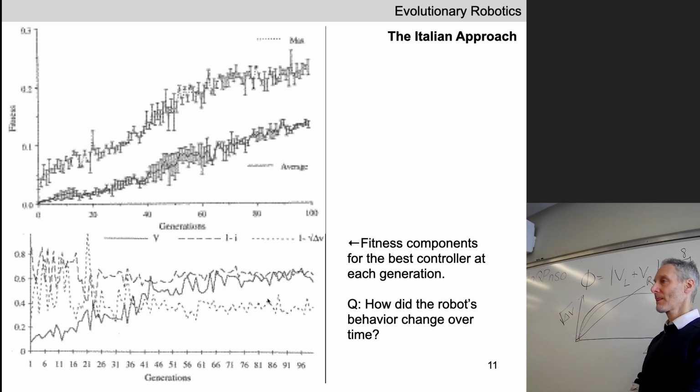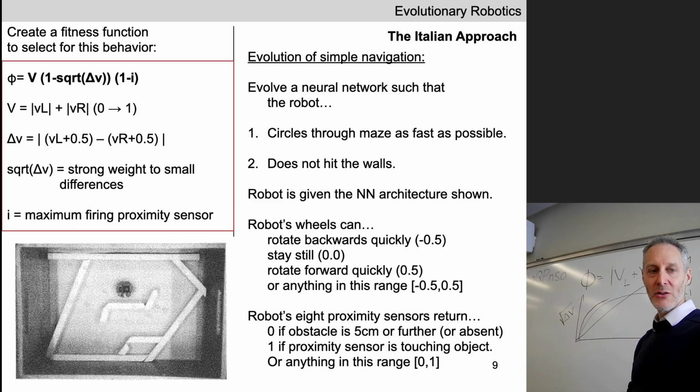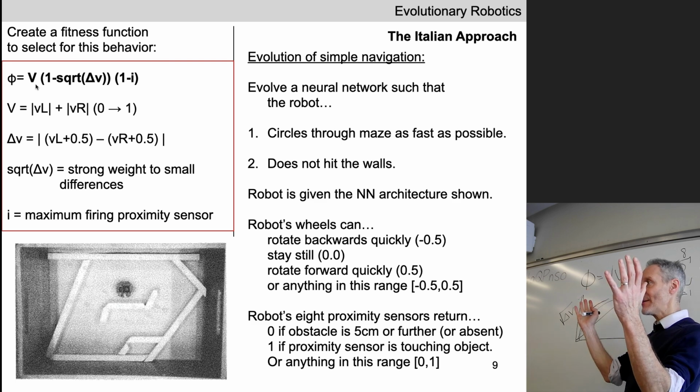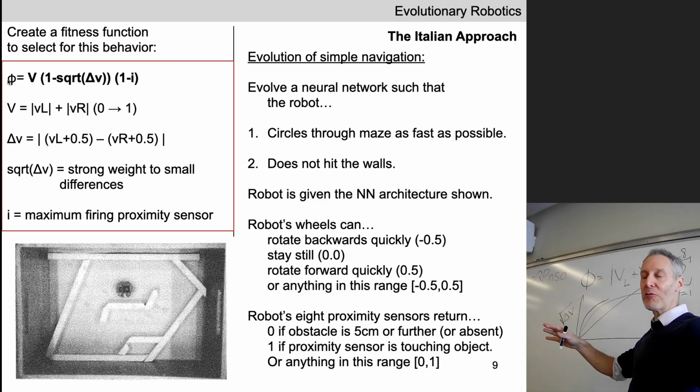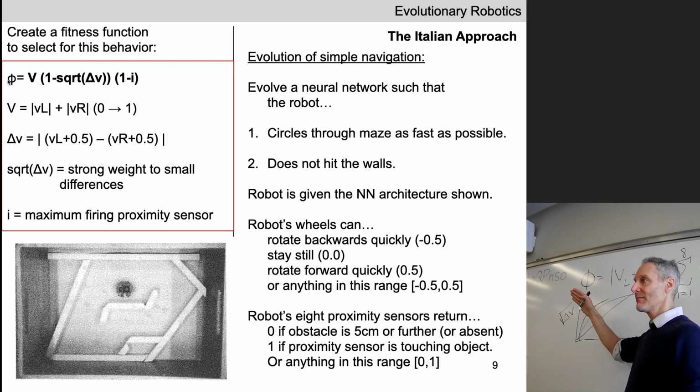For this specific maze, is there an end goal for it, or is it just like make your way around the maze without hitting edges? Great question. The answer always comes back to the fitness function, right? If there is some set of synaptic weights that when you drop it in the robot generates a phi of 1, what behavior is it?